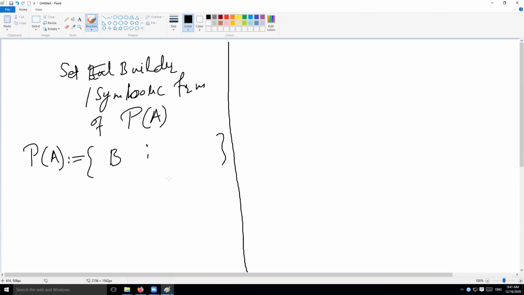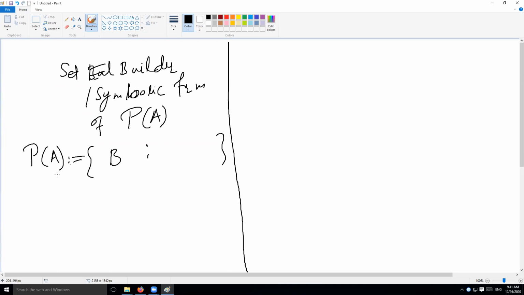Say B. But what qualifies B to be in the power set of A? What conditions must B satisfy? The definition of power set tells you that it contains all subsets of A. So if something is a subset of A, it must be in the power set of A actually, okay?